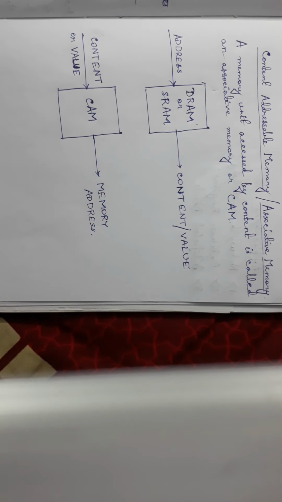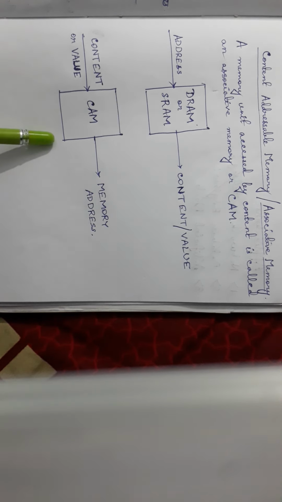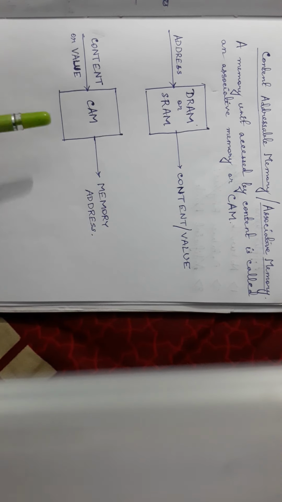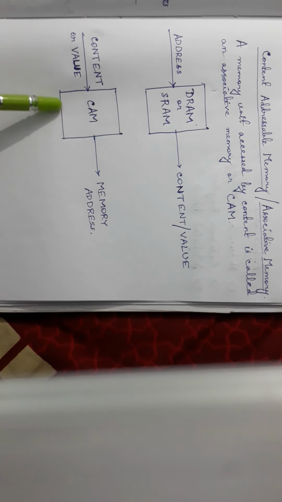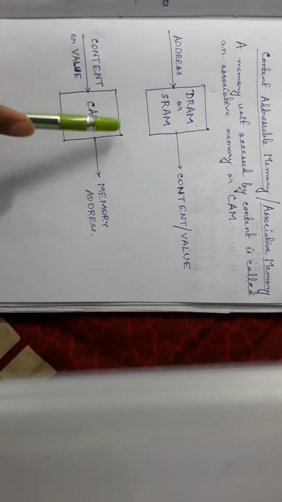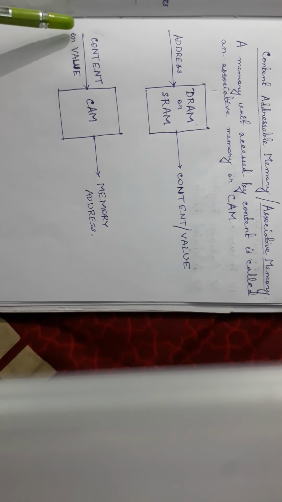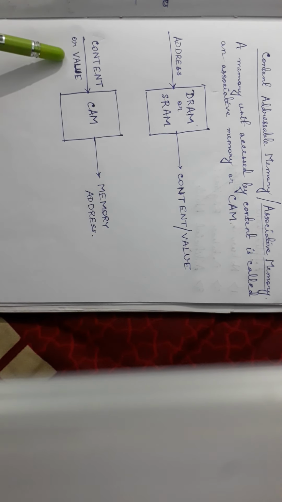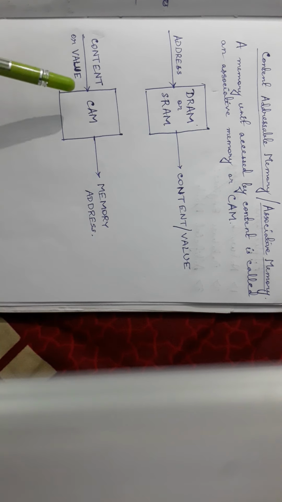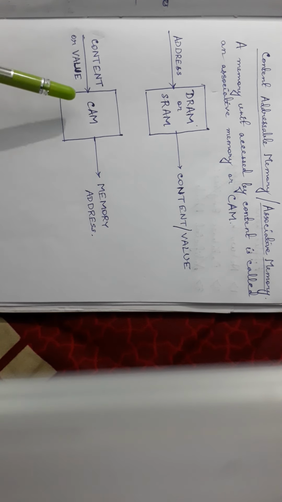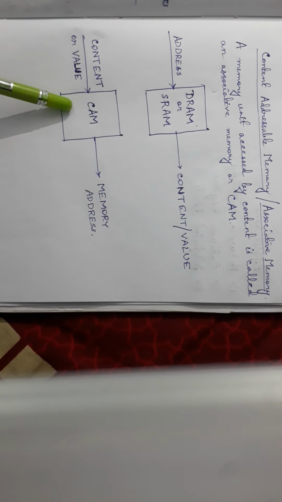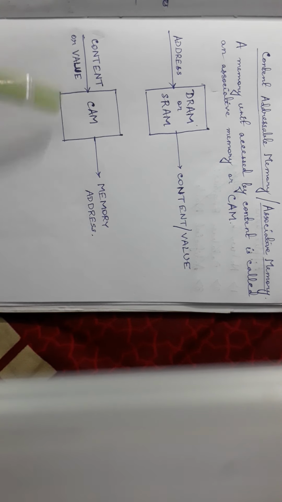So let's come to this block diagram. If this is a block diagram of CAM, the user is giving content or value as input to the CAM. Then the CAM searches its entire memory.